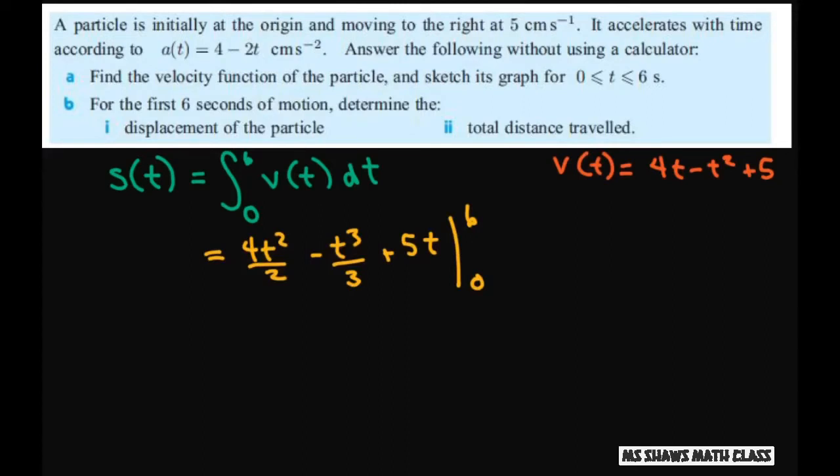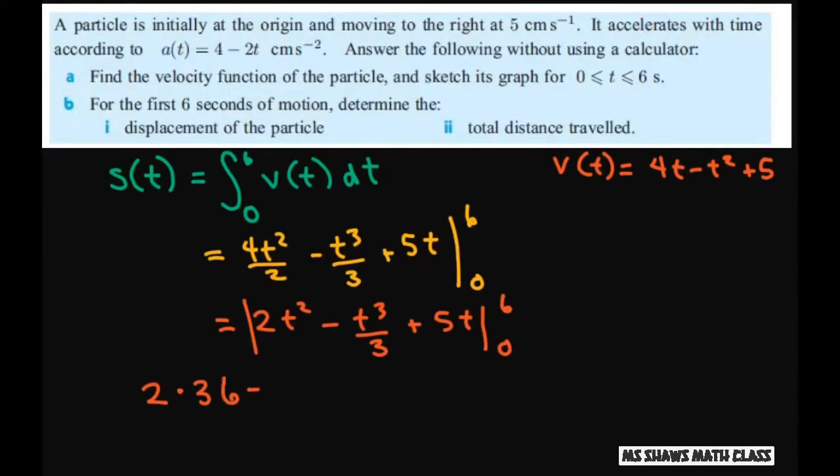This simplifies as 2t squared minus t cubed divided by 3 plus 5t. So you plug in your 6, and you're going to get 2 times 6 squared, which is 36, minus 216 divided by 3, plus 5 times 6.